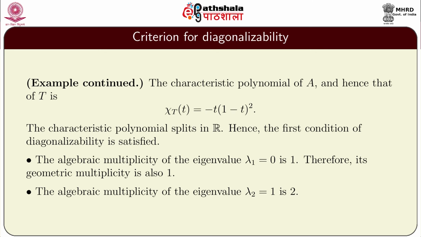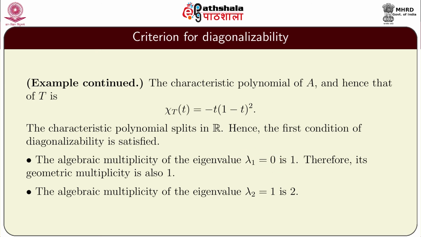Therefore, we see that the eigenvalues are precisely 0 and 1, but 1 is repeated twice. So, the algebraic multiplicity of the eigenvalue lambda 1 equal to 0 is 1.